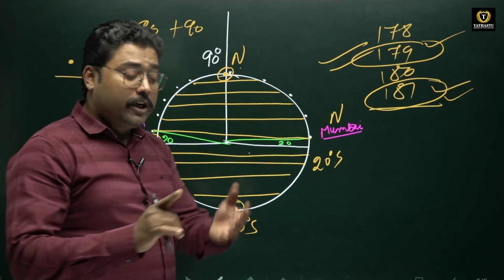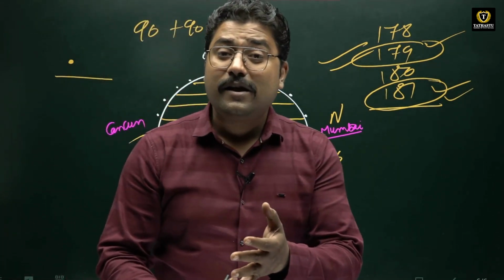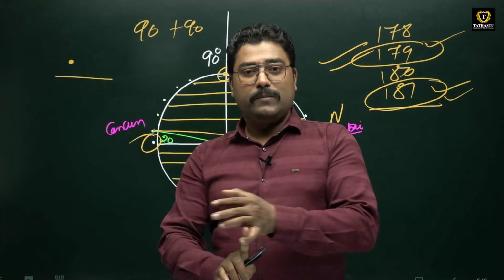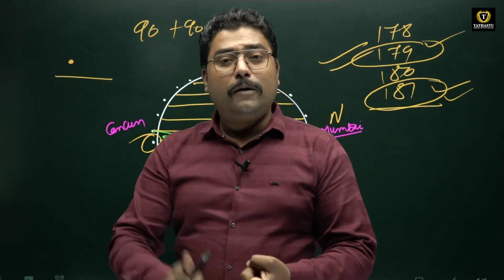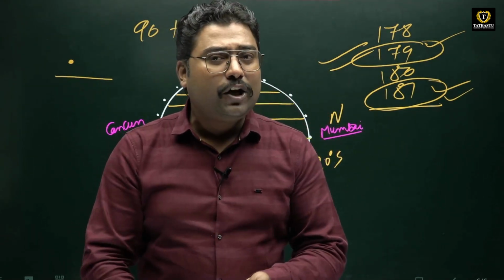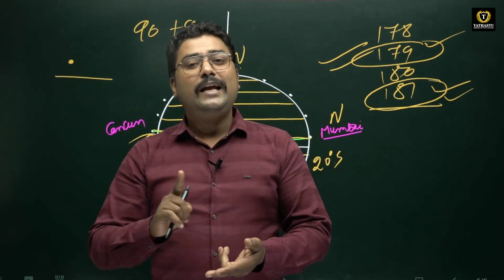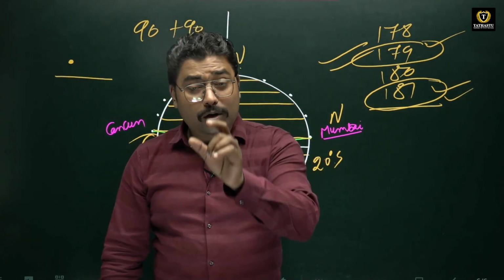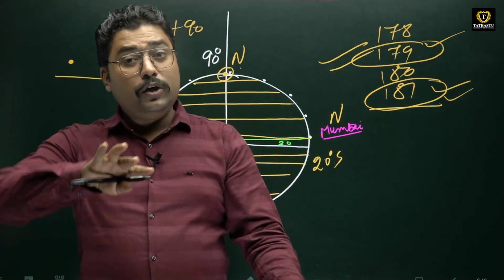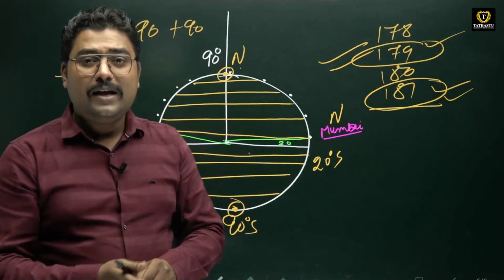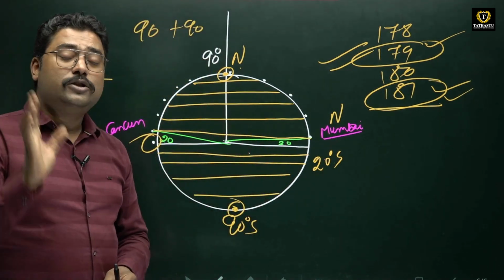That's why total number of parallels or latitudes is 181, total number of drawn parallels or latitudes is 179. Means only the addition and the subtraction of one word is going to change the meaning of the question, and it will change the answer also.